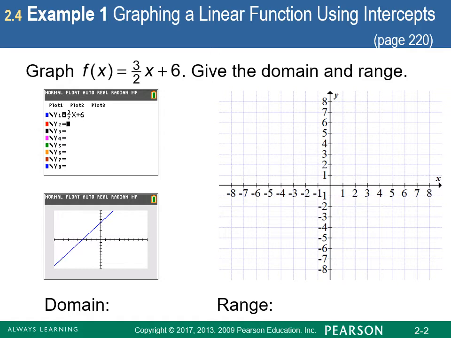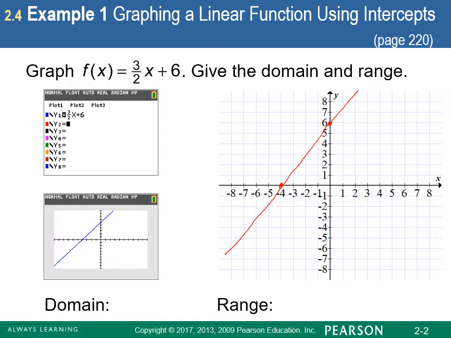Now we're going to duplicate that over on our coordinate system by putting a dot here at -4 and a dot here at 6 and doing our best to draw a straight line between the two dots.